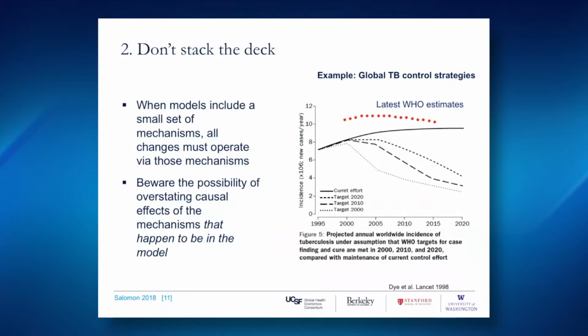So why is that? Well, TB treatment in the model operates as a strongly deterministic causal mechanism. You treat a case, you reduce its duration of infectiousness, and you drive down incidence. In the real world, there's a lot more going on.